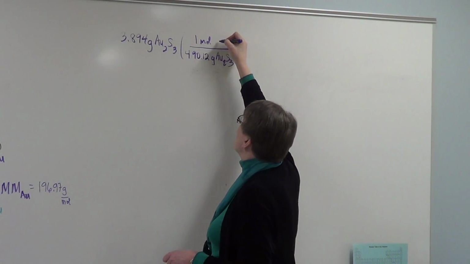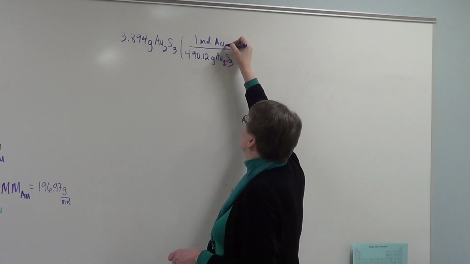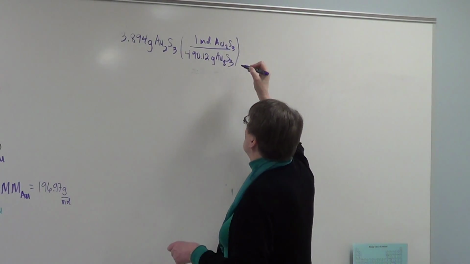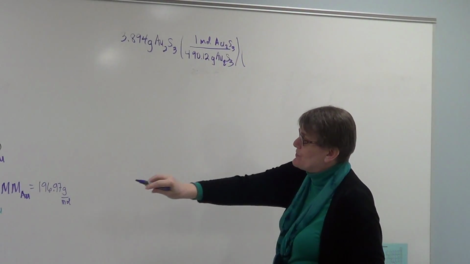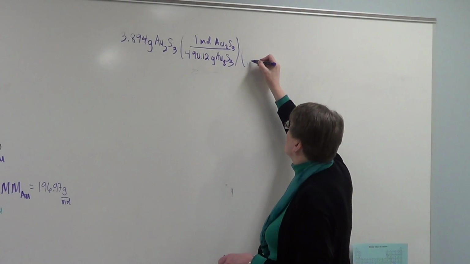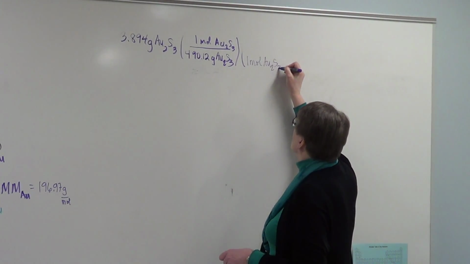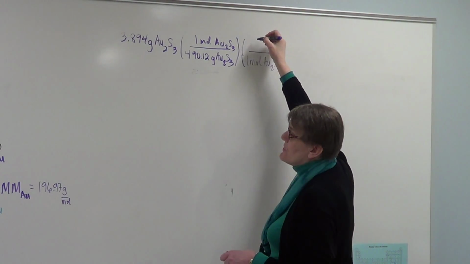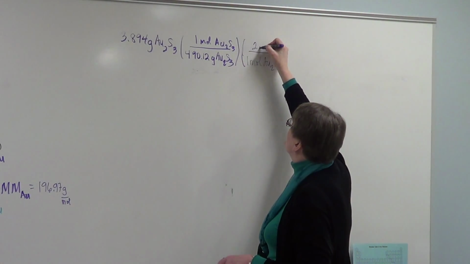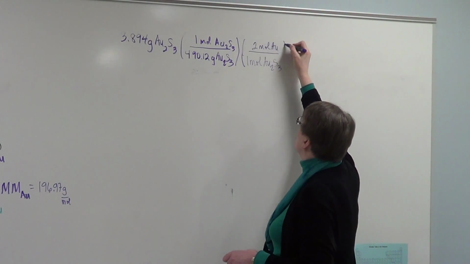So I put the molar mass on the bottom per 1 mole of gold sulfide on the top. Moles to moles, it says 1 mole of gold sulfide, which I want to cancel, and turn it into the 2 moles of gold.